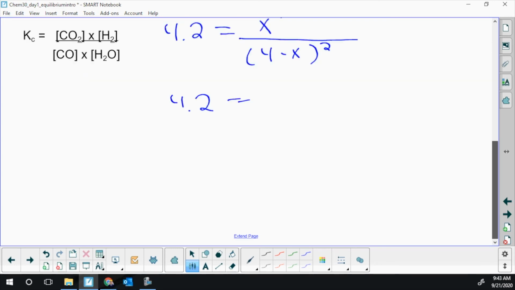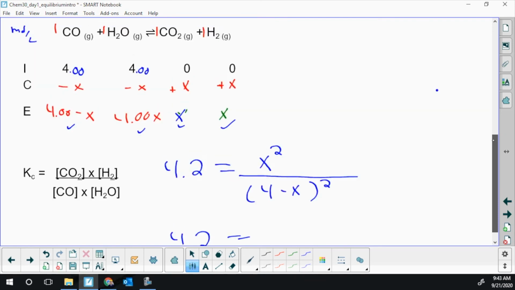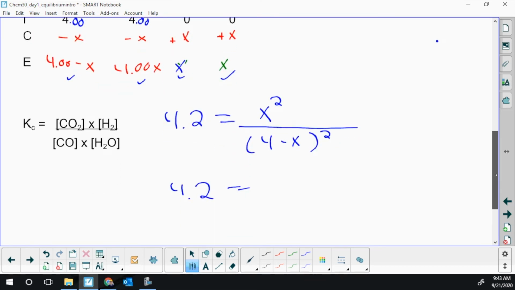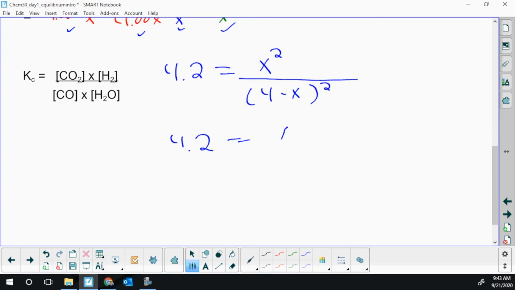4.2 equals, I'm going to pull a square out of the top and bottom. The whole top is squared. The whole bottom is squared. So I've just pulled that square out. If it wasn't for the fact that there was a square on the top and a square on the bottom, the math would be much longer.